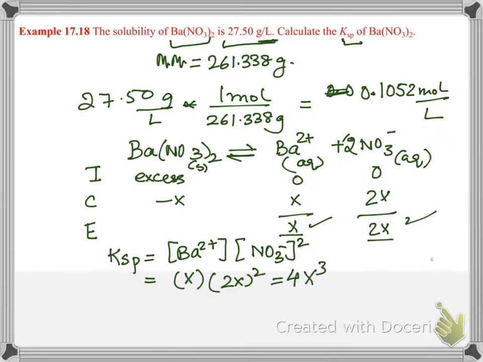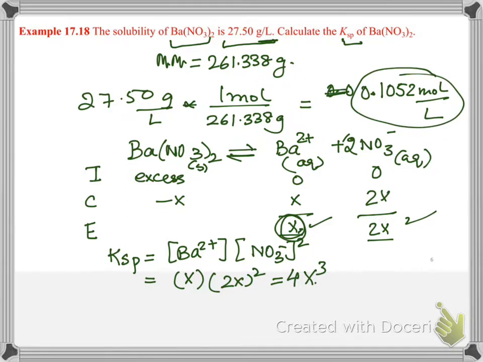So basically, this x is the molar solubility, how many moles of barium ions are dissolved. That's the molar solubility, which we have here.